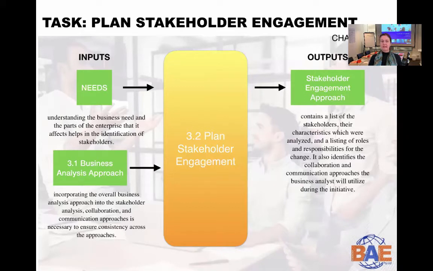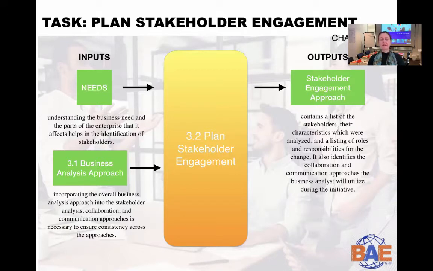And then the second aspect that is actually going to flow as an input into our task of planning the stakeholder engagement will be the approach that we've decided on. So the business analysis approach is incorporating the overall business analysis approach into the stakeholder analysis, the collaboration and the communication approaches.